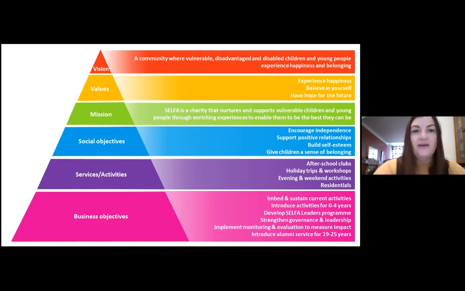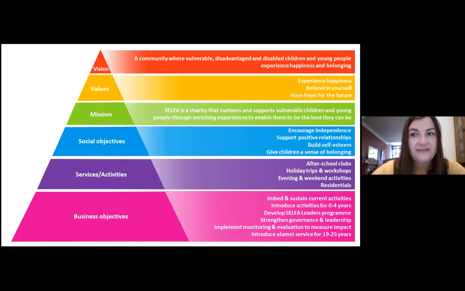What we do is obviously all those different activities are aimed to reach a number of social objectives that we have, and since we've done this list, we've added another couple to it. But really, we want to encourage independence, support positive relationships, both between peers and with respected adults.